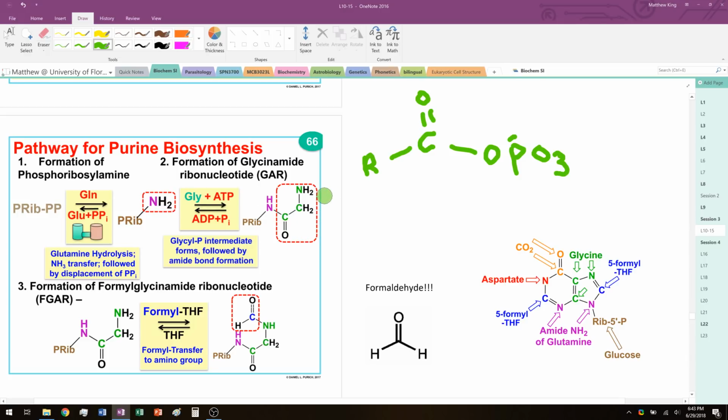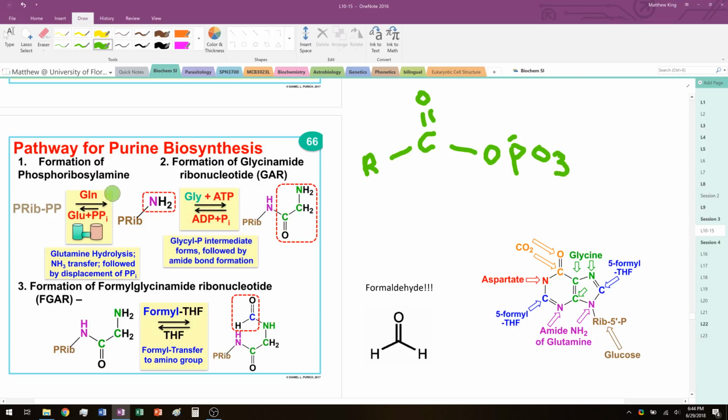So now, so far not too bad. You added a whole big chunk of this ring, and that's entirely glycine right there. Notice that I do have that one initial picture all the way over here, just so you can keep in mind where we're going. So over here in step 2, we got the addition of glycine added onto here.